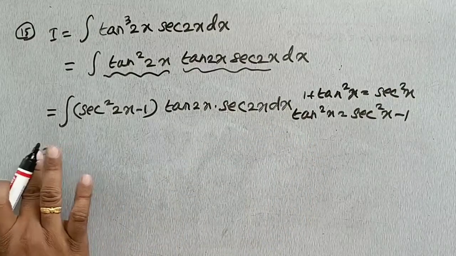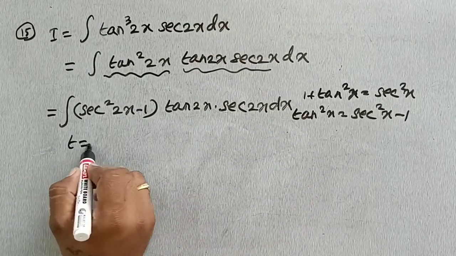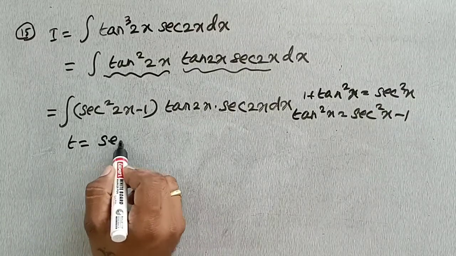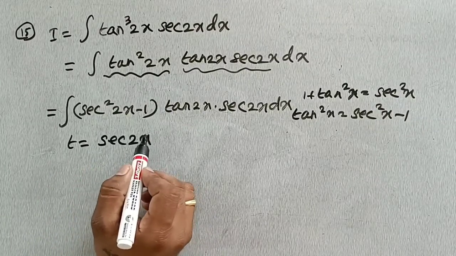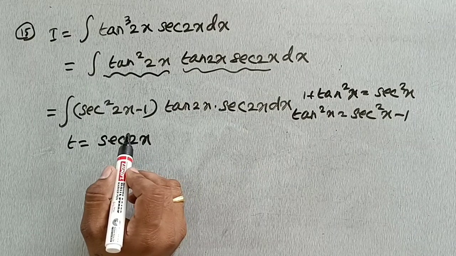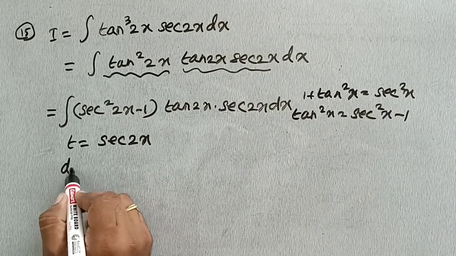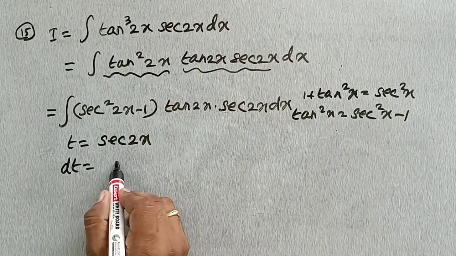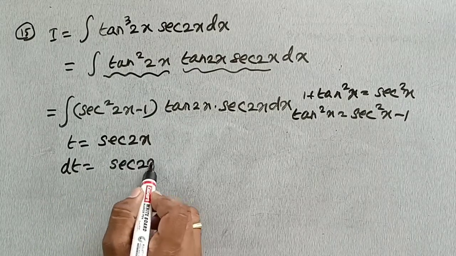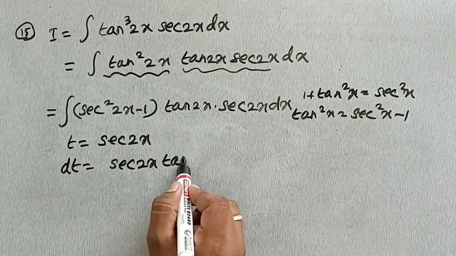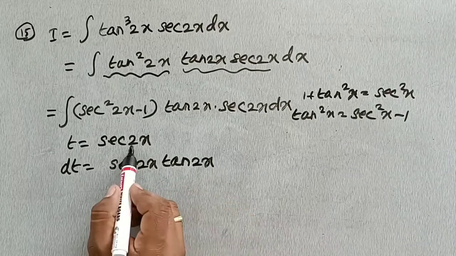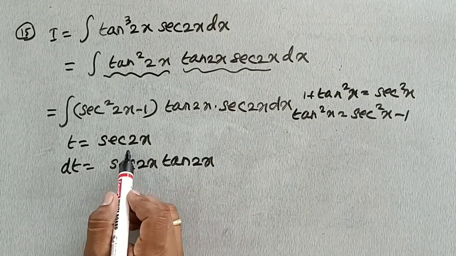Now we will substitute the values. Let t equal secant 2x. What is the value of dt now? dt equals differentiation of secant x, which is secant x tan x. So secant 2x tan 2x, and in the place of x, 2x is available, so differentiate and multiply.